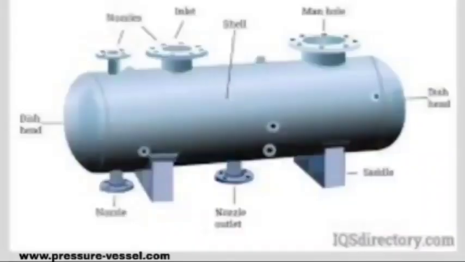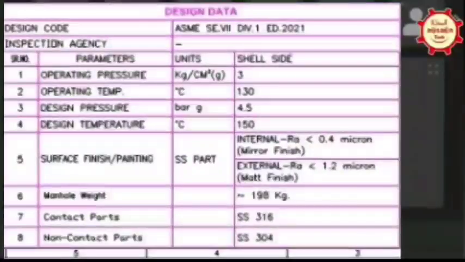Basically, first of all, you should know what is the purpose of vessel design. Why do we need to design a vessel? You know that? Yes, sir. The basic purpose is to do the processing. We get a certain requirement for designing a refinery or plant, and the process department gives us a PDS.